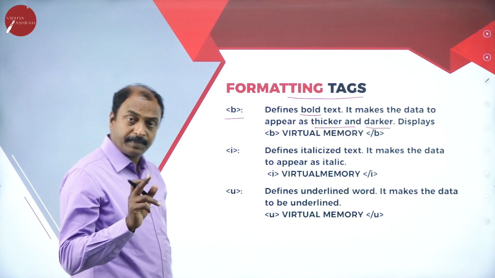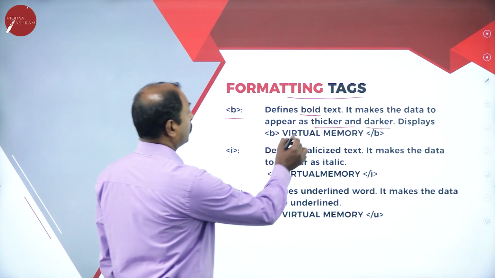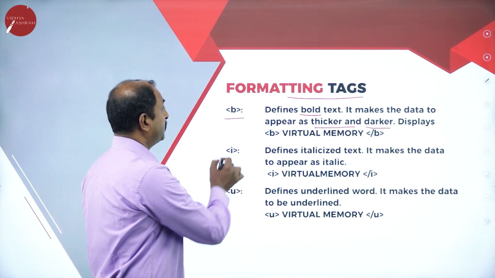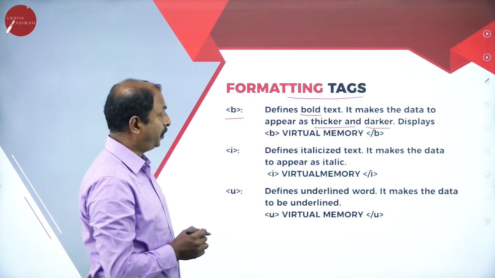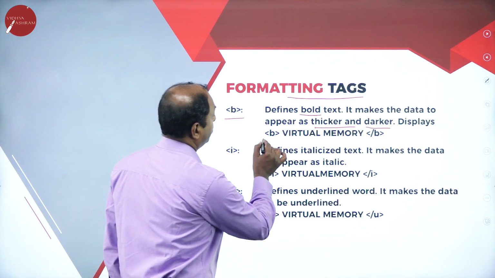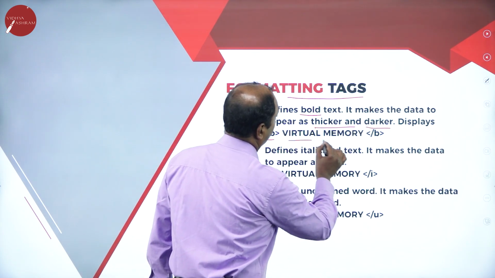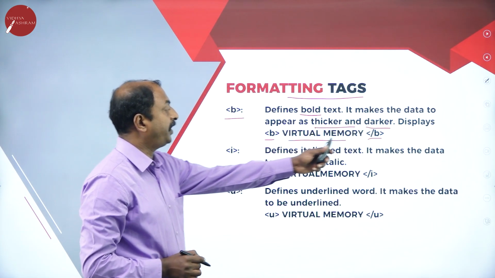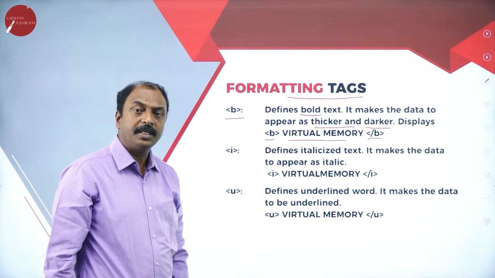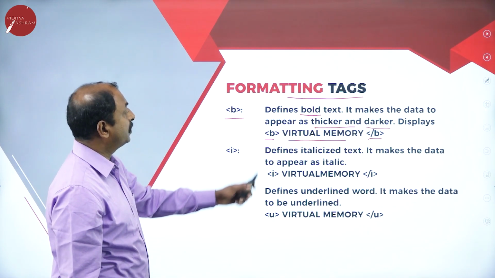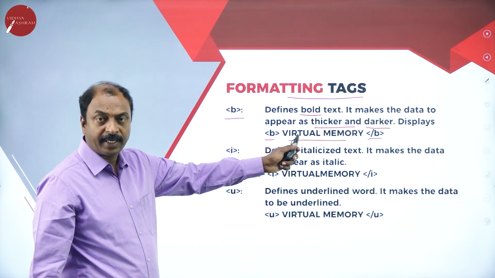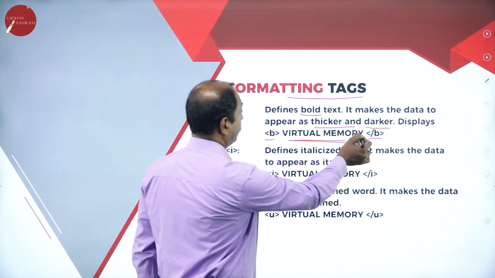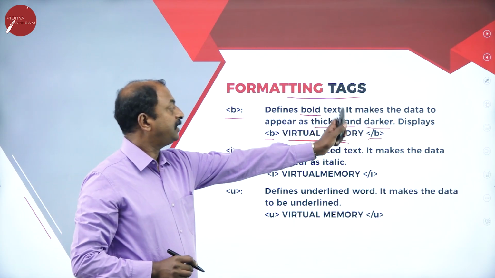Similarly, in an HTML document, if you want any text to appear bolder, we make use of the bold tag. This is called the B tag. This is the open tag, this is the information, and then this is the closed tag. This is the way to write the B tag. When you execute the program, the text written inside appears thicker as well as darker.